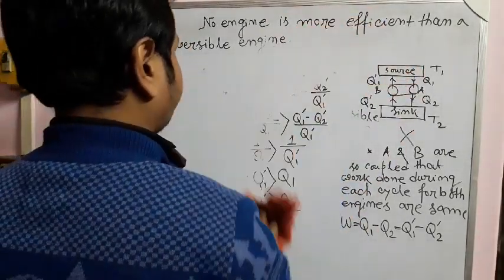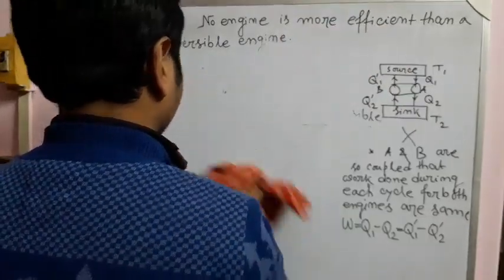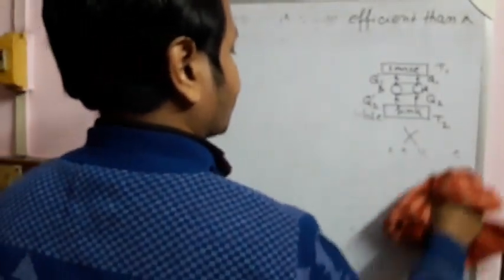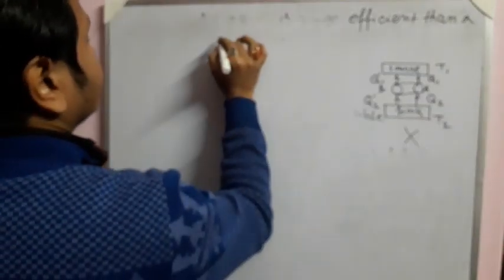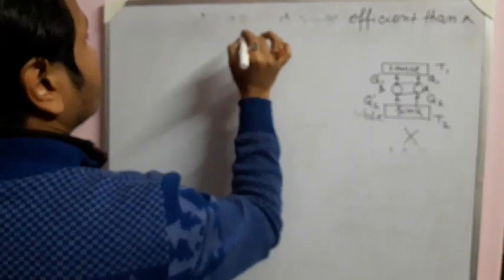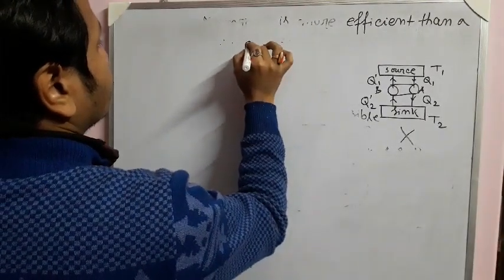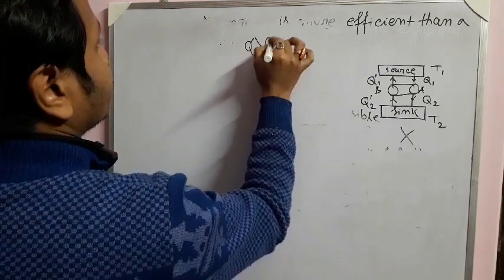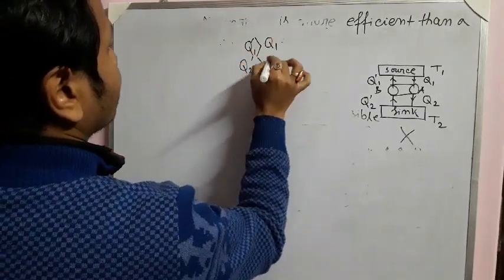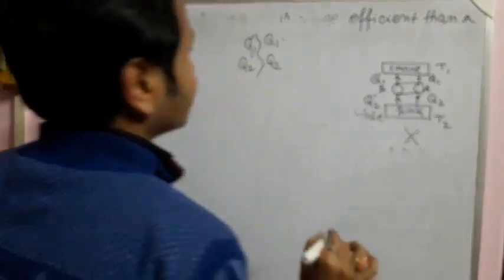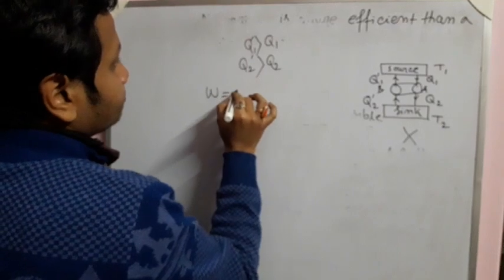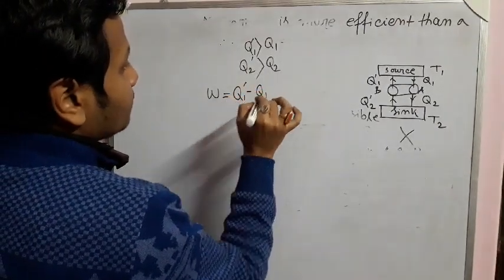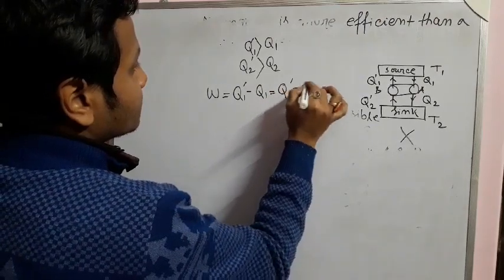So what happens if that result is found? Q1 dash is greater than Q1 and Q2 dash is greater than Q2. This means in each cycle Q1 dash minus Q1 equals Q2 dash minus Q2.